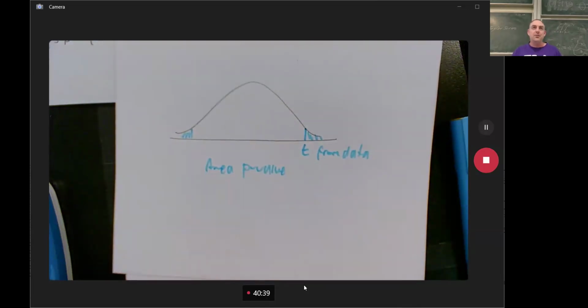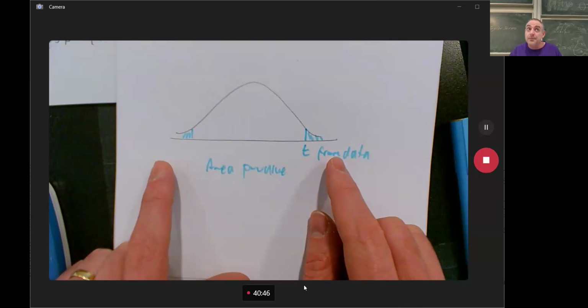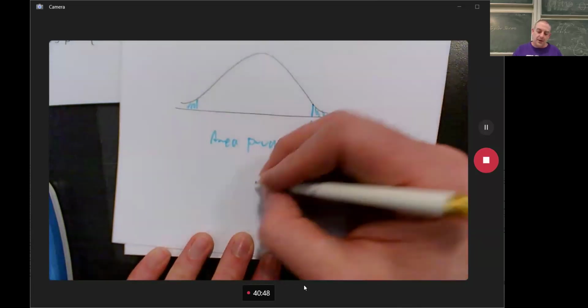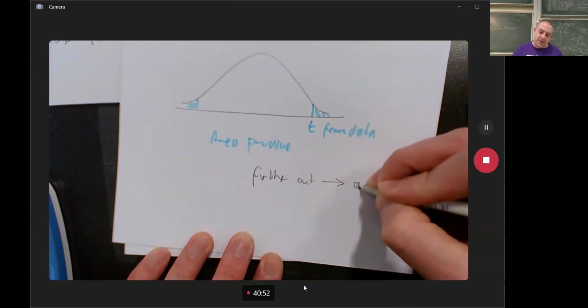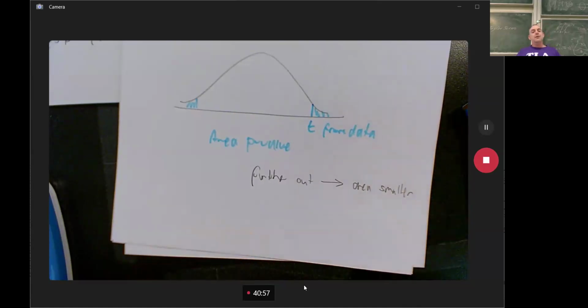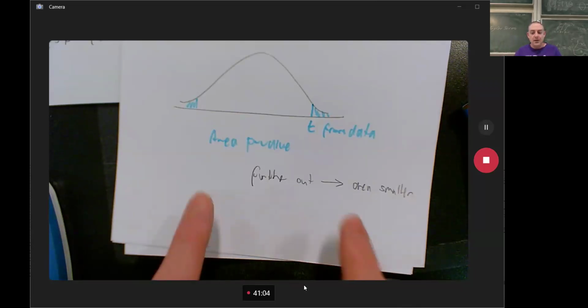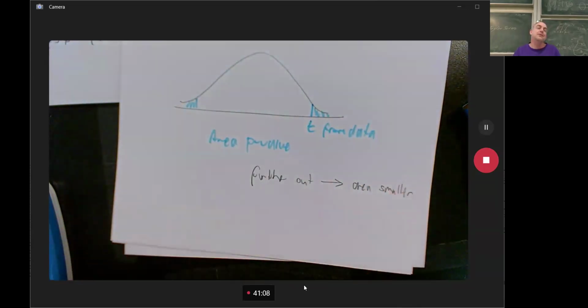And the critical T is the one where the p-value would be exactly 0.05. And for numbers that are further out, that area has got to be smaller. And so that's why T gets bigger when you reject, but the p-value gets smaller when you reject, because the further the T is, the smaller this area is. So they go in opposite directions to each other.